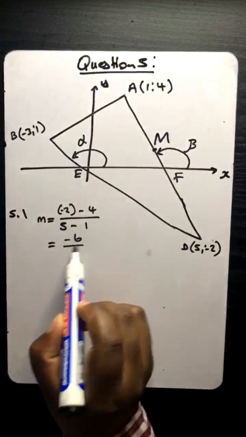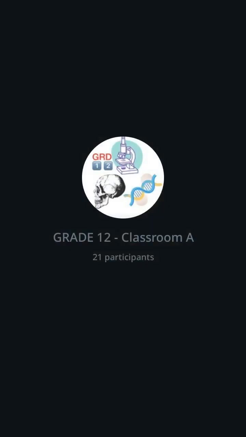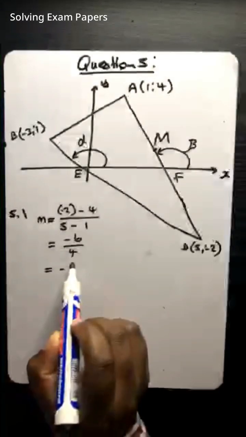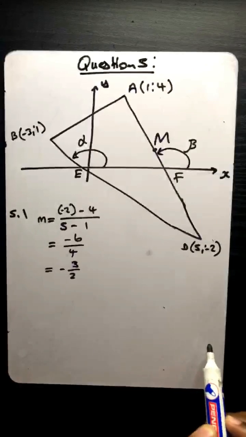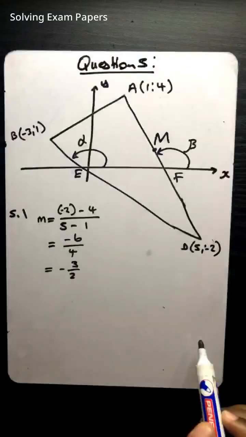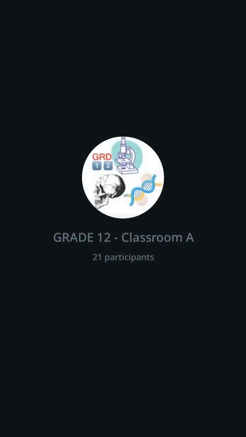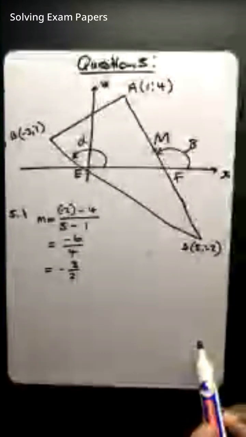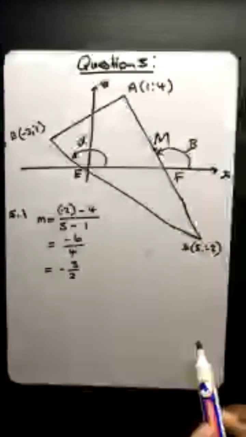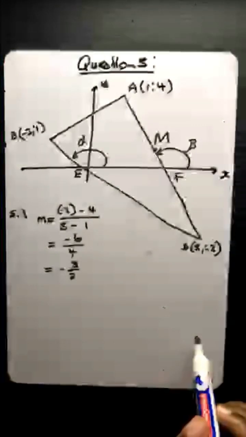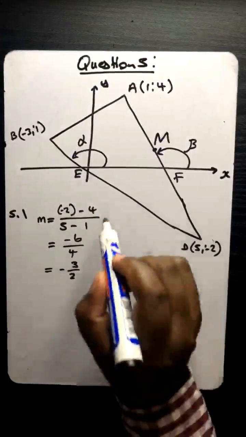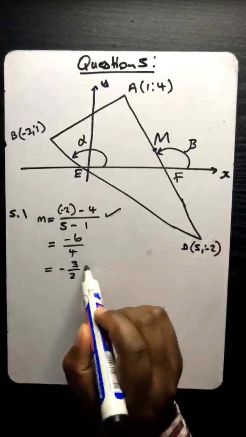Negative 6 over 4, which is what? 3 over 2. Is this the final answer that you got? Yes, 100%. So this is where you give your mark for correct substitution and for your final answer.